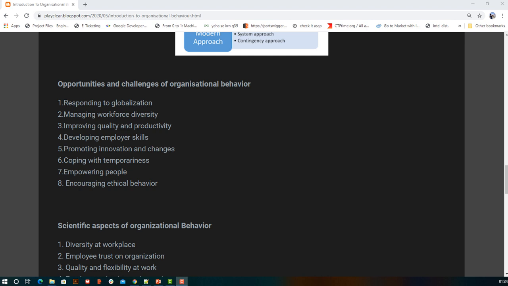How the management deals with it not only avoids it happening again, but also makes sure that the other employees are aware of these kinds of frauds, and of the worst action that could be taken against an employee for such wrong activities, unethical behavior. So in that manner we can encourage ethical behavior.